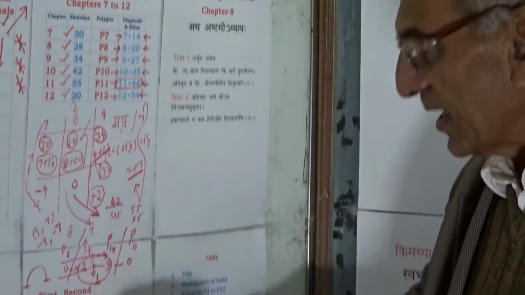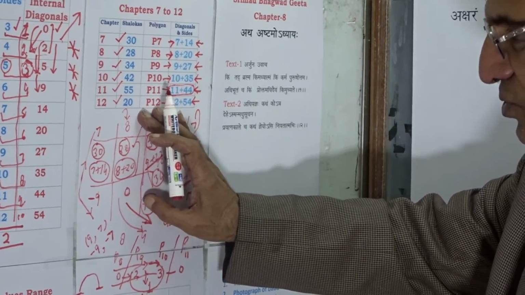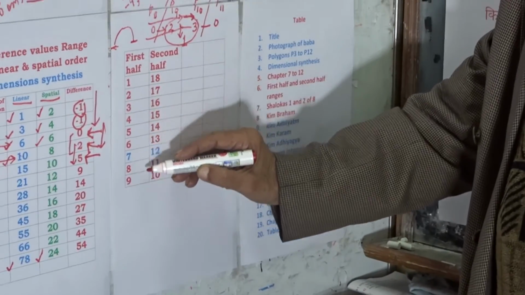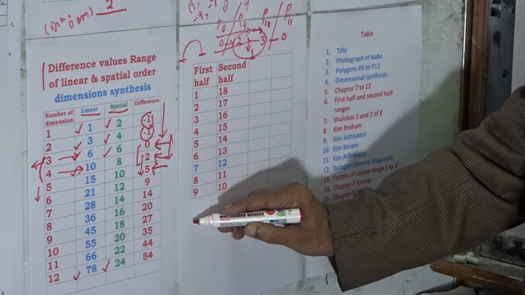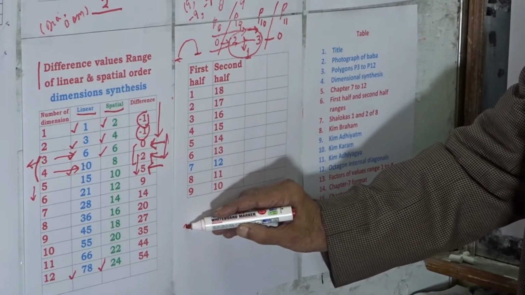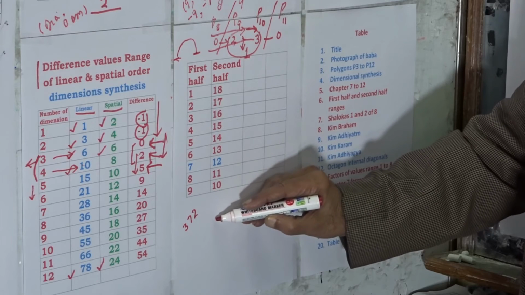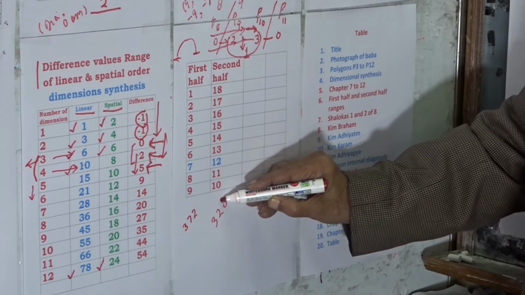Therefore, when here we are starting from chapter 7 to 12, then we see that the organization of Srimad Bhagwad Gita as a first half and a second half, we know. Here we are getting a total 372 shlokas, and here we are reaching at 328 shlokas.